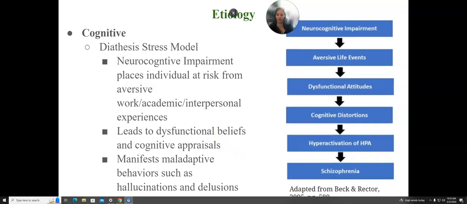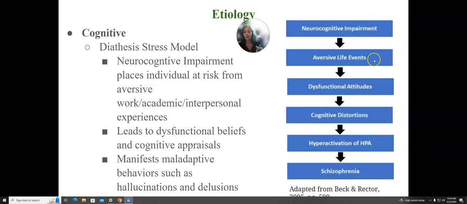We also have this diathesis stress model, which talks about how stress might activate the psychological disorder within us. So we have some sort of impairment, so biologically we have this impairment, this risk.